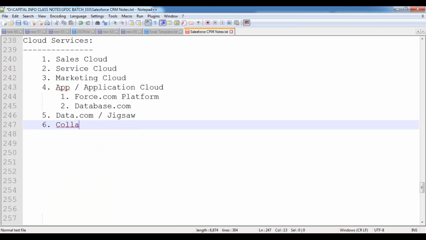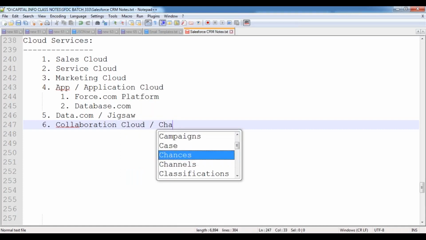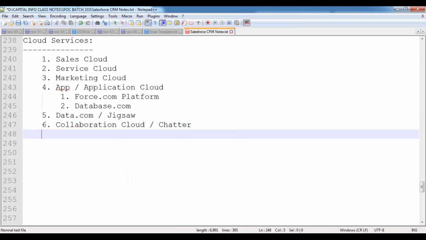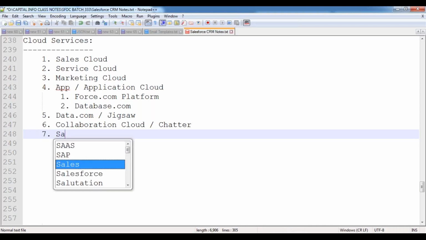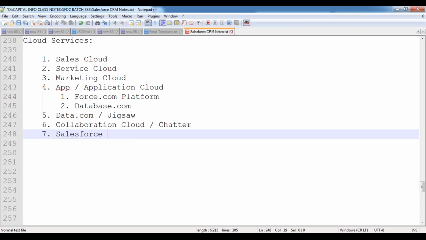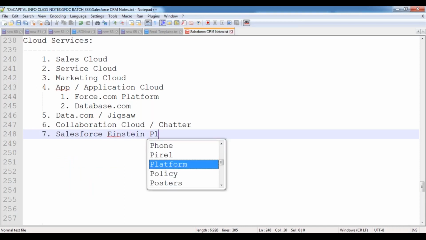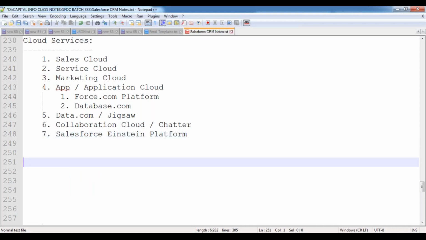Sixth one, Collaboration Cloud, which is also called Chatter. And the seventh one, the Salesforce Einstein platform. These are the various cloud services offered by Salesforce.